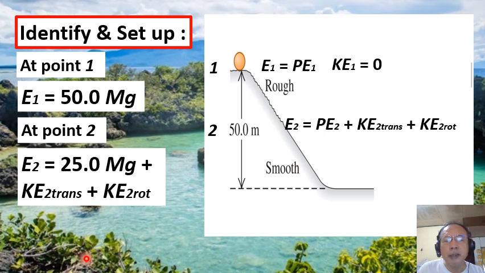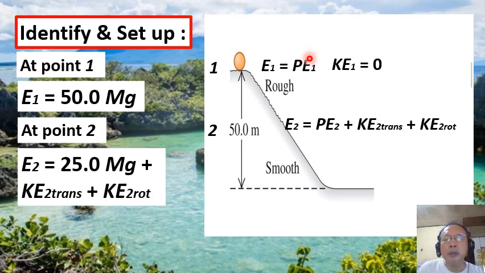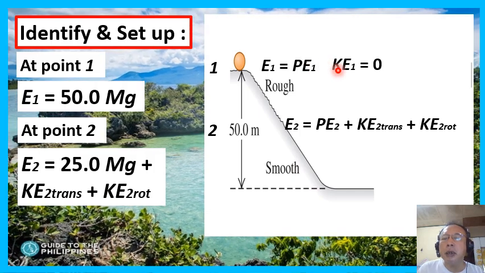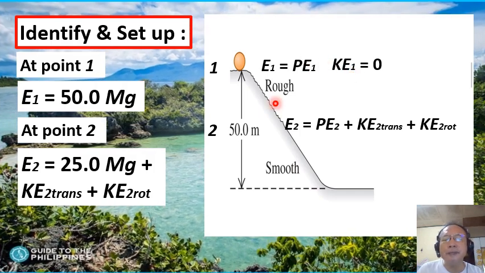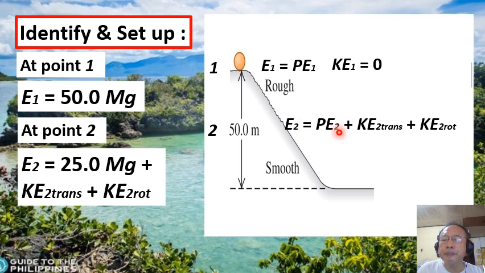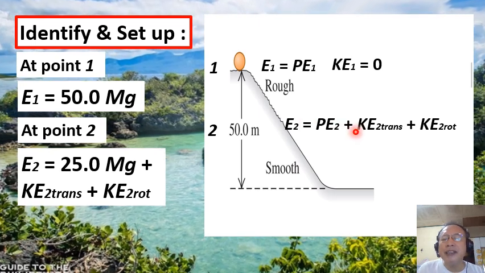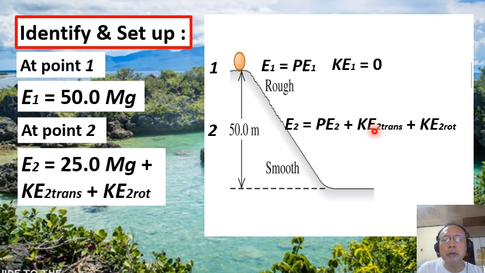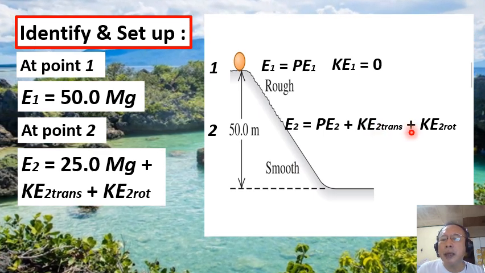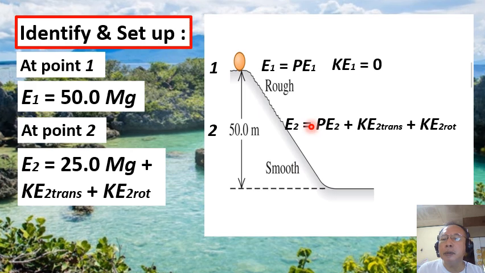So that is how we figure out the transformation of mechanical energy from its original potential energy to kinetic energy, both translational and rotational, as well as a decrease in potential energy.